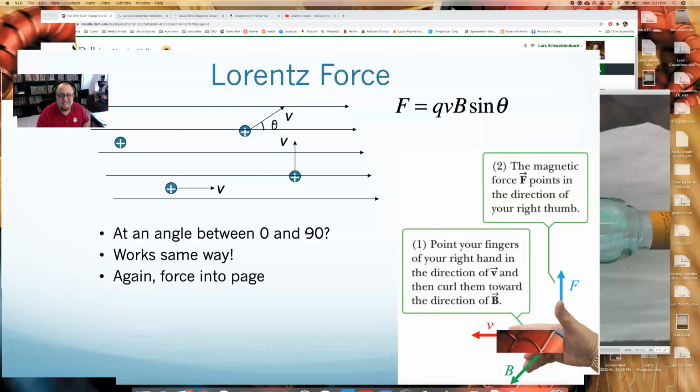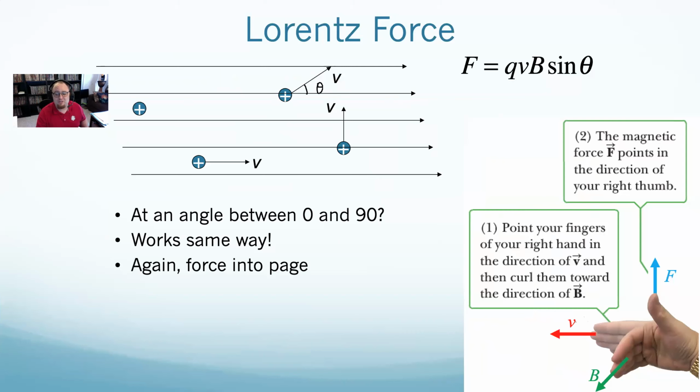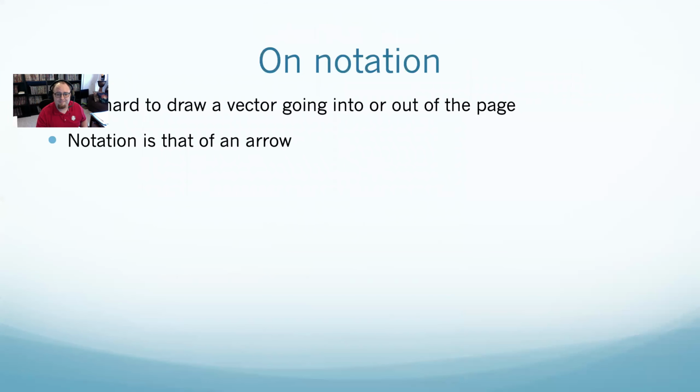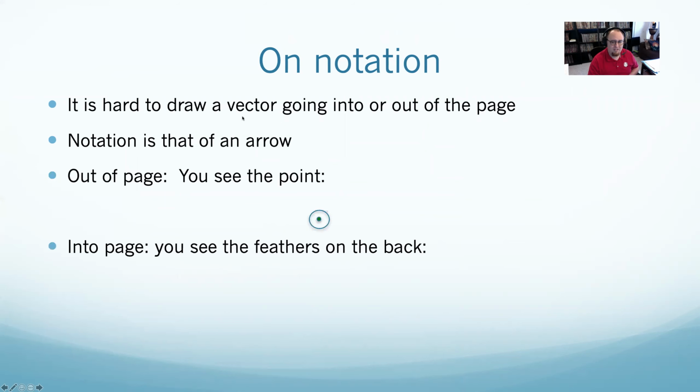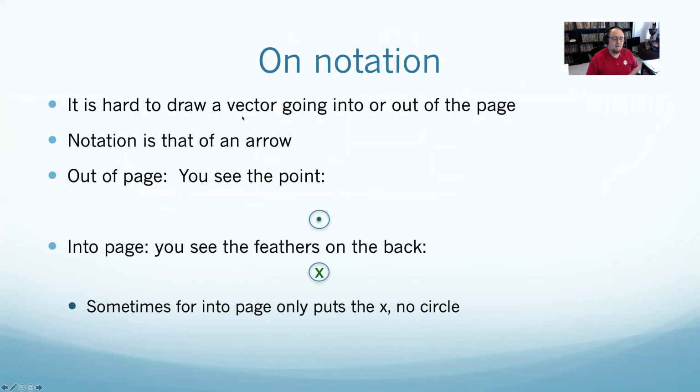Now, to solve this, we're going to have to draw a lot of three-dimensional vectors. We're used to drawing vectors just on a flat surface: is it pointing in X? Is it pointing in Y? You're going to see this notation a lot moving forward, either a circle with a dot or a circle with an X. That's to represent into and out of the page. The idea is you treat it like an arrow.